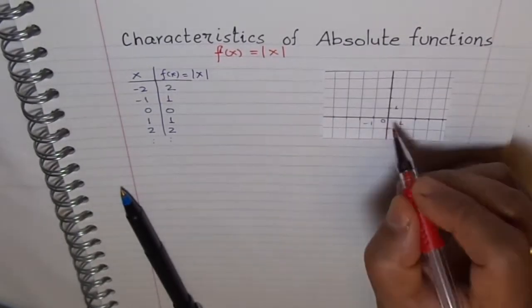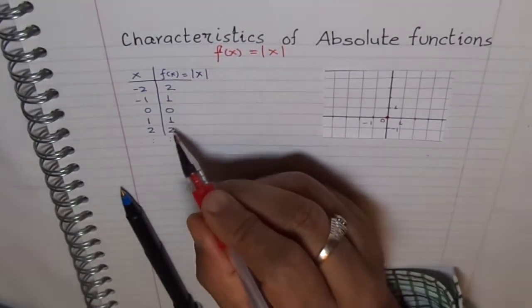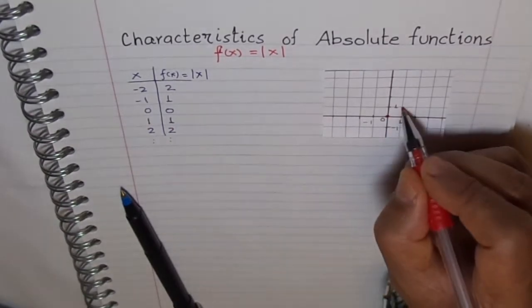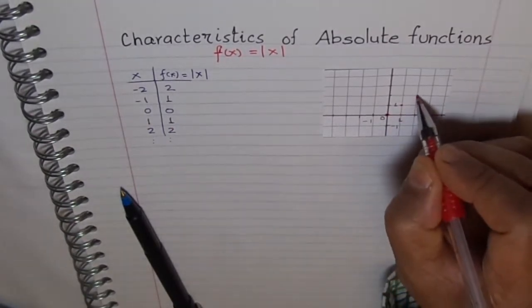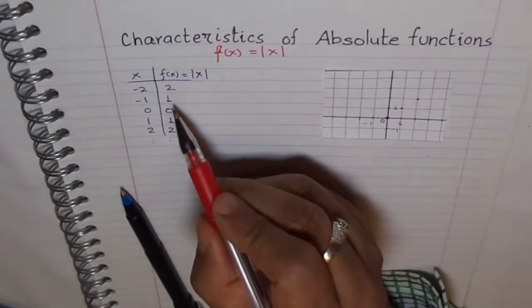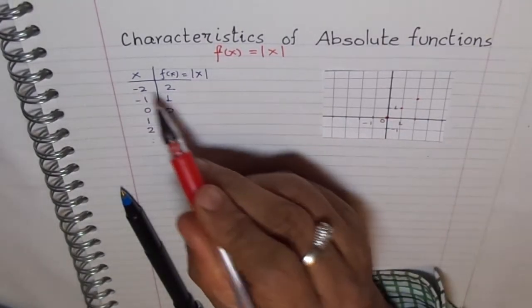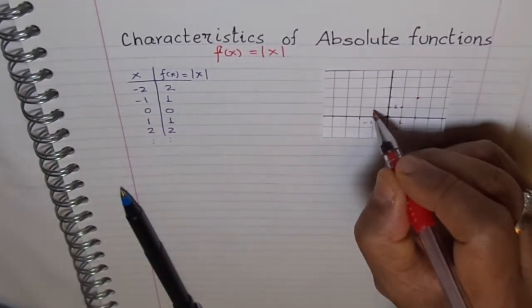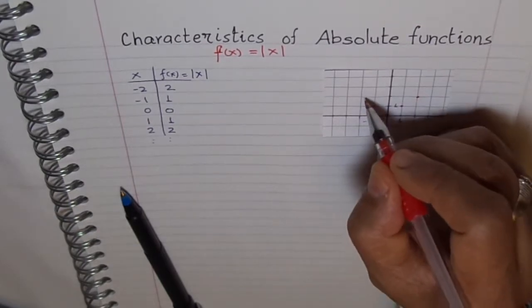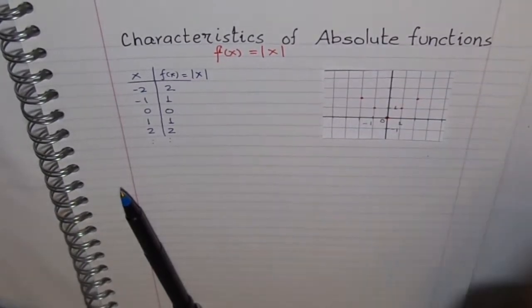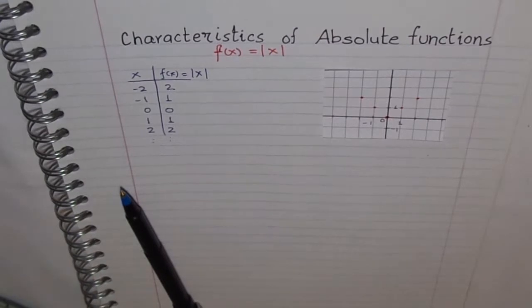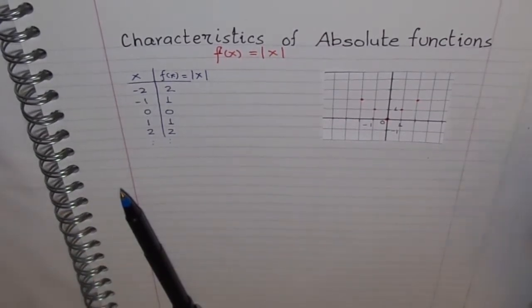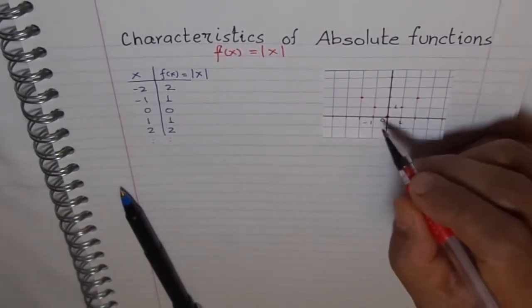Now, on the graph which we have here, let's plot these points. At 0, we have 0. At 1, we have 1. At 2, we have 2. Similarly, at -1, we have 1, and at -2, we have 2. As you know, the domain of our function is all real numbers, so every point in between is considered.